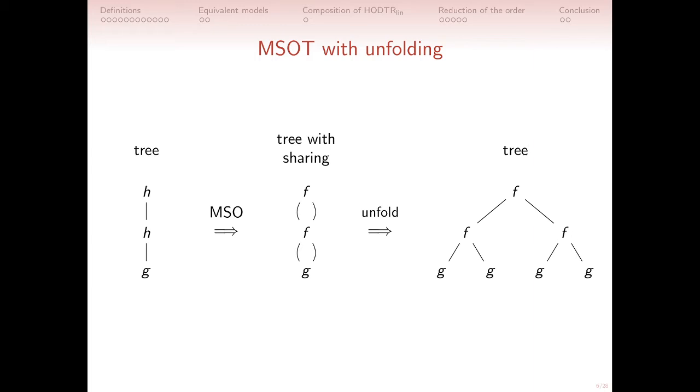That is a tree where a subtree can be the child of several nodes in the tree, and then you unfold the tree with sharing to get a regular tree, and this increases the copying power of MSO, because without this unfolding of trees, the size of the output of an MSO transduction is bounded linearly by the size of the input, and this can be a problem sometimes.